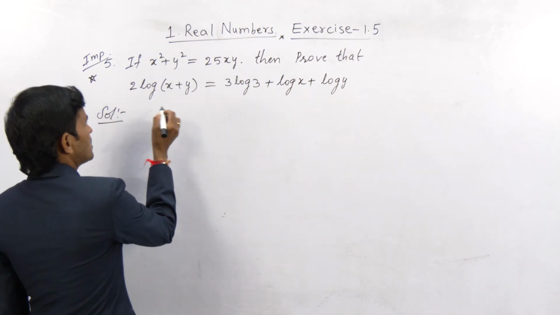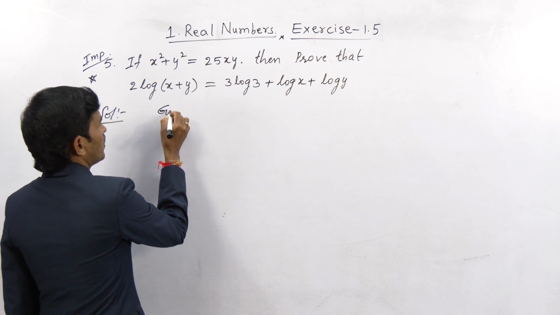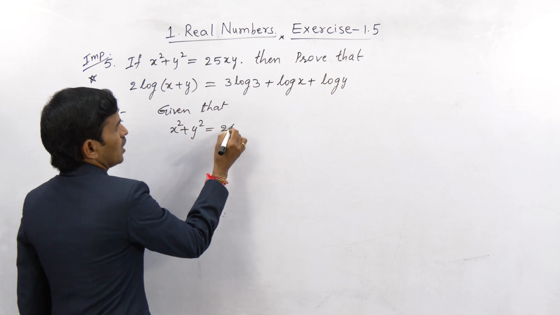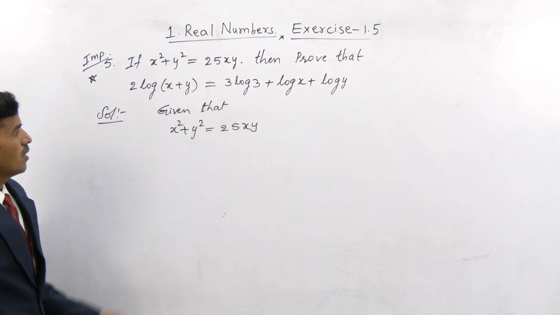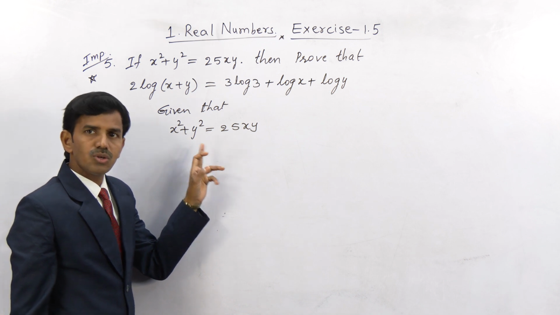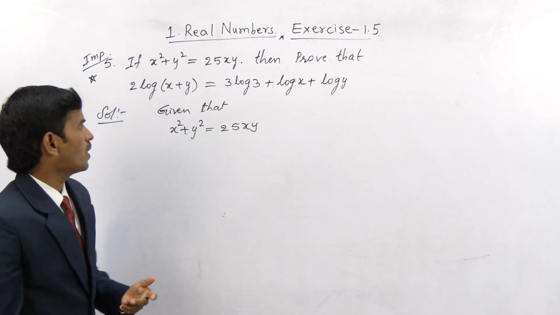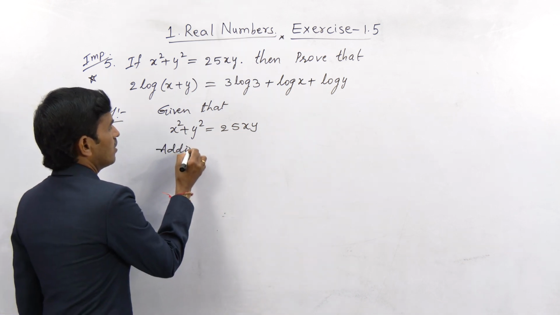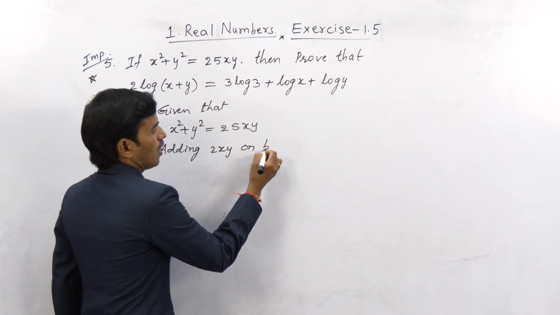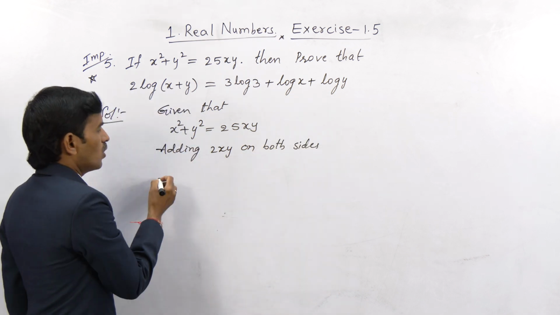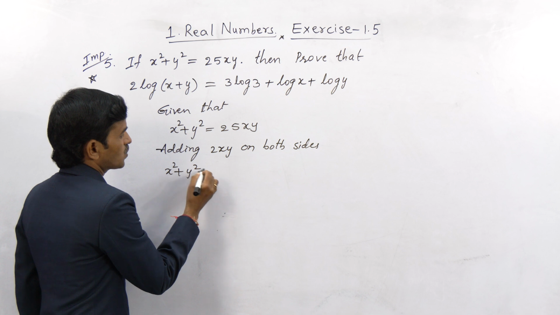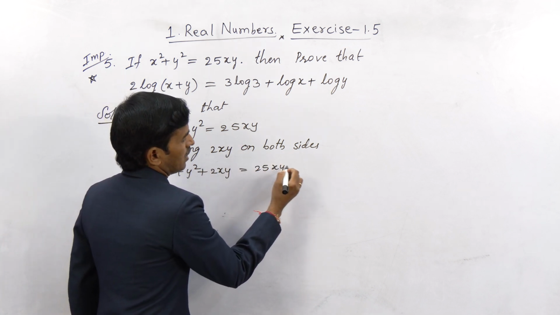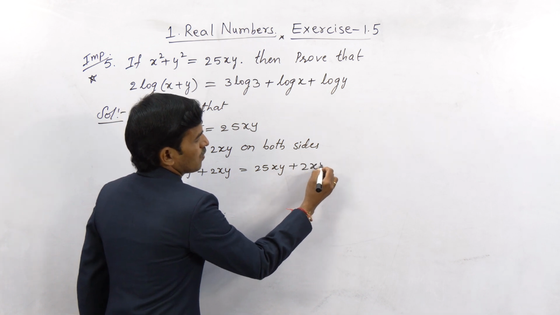In order to prove this, let us consider the given information, that is x square plus y square is equal to 25xy. Here squares of x and y are there. So in order to apply the x plus y whole square formula, we need to add 2xy on both sides. Then what do we get here? x square plus y square plus 2xy is equal to 25xy plus 2xy.